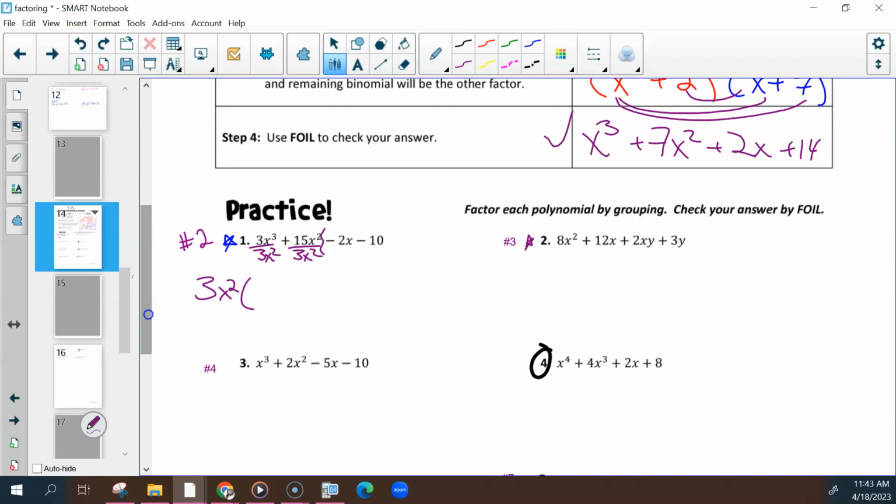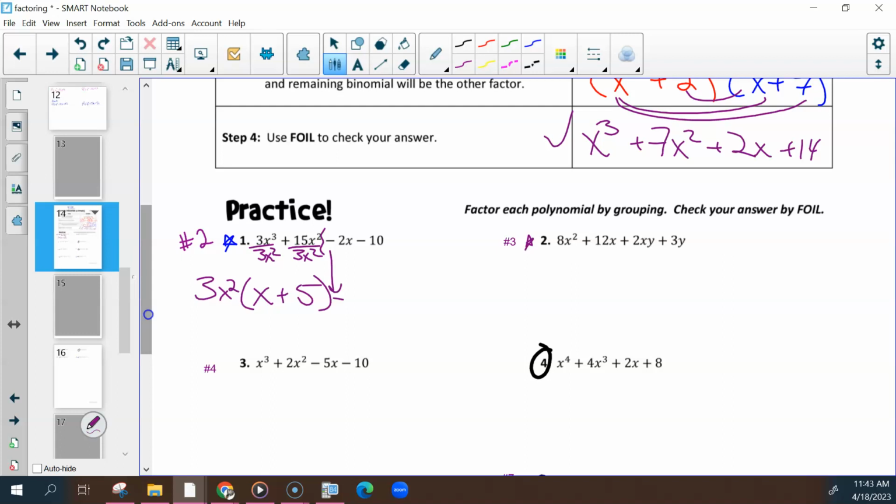So if we divide both of those by 3x squared, what would be left? Bring down your negative. You don't have to draw in this arrow, I'm just showing where it came from.